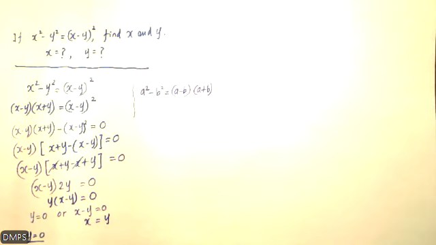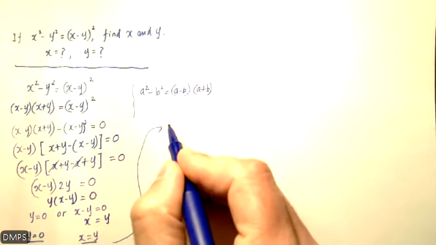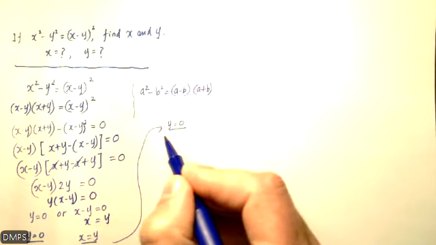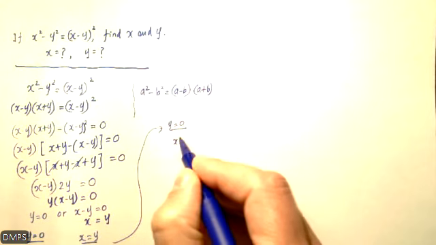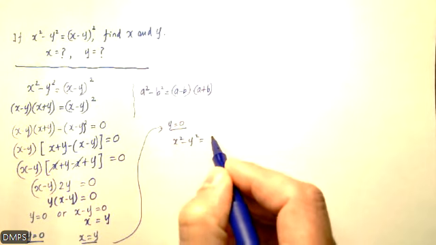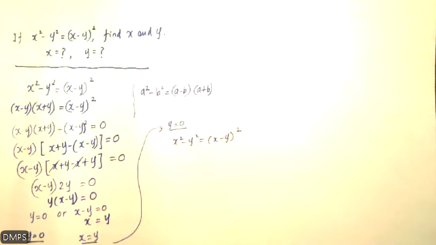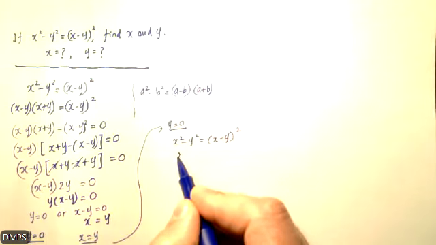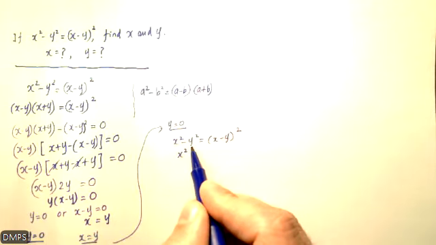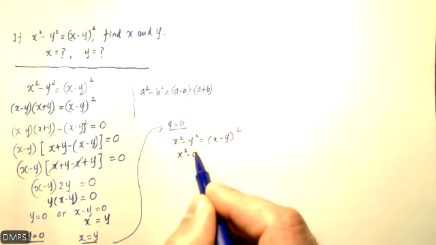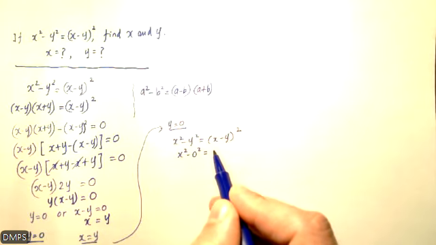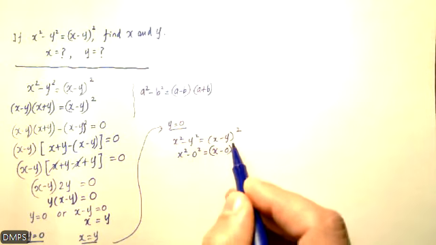So when y is equal to 0, let's see what we get from our given equation x squared minus y squared is equal to x minus y squared. When y is equal to 0, we have x squared minus 0 squared is equal to x minus 0 squared.